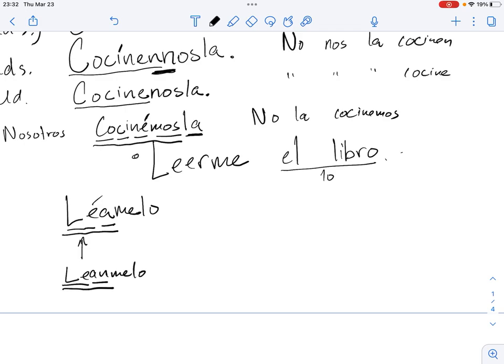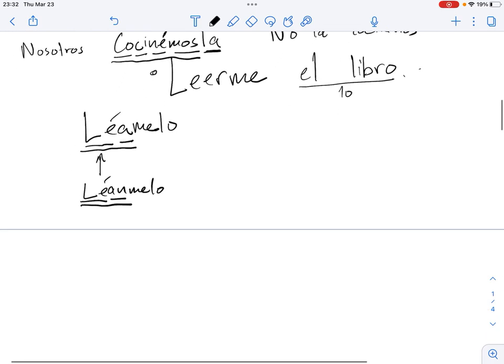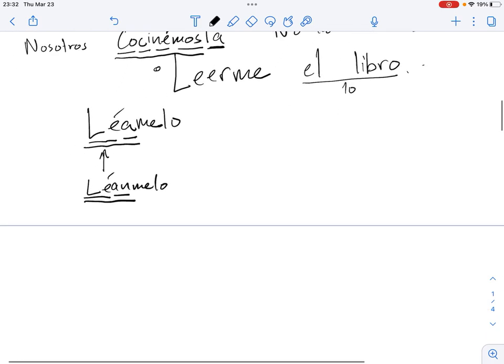Lean. Oh, still there. And you couldn't have a let's read it to me. But let's just do leamos. Leamos. So it really seems like the stress falls on a different vowel if it's nosotros. But it is at least consistently following the rule of vowel N or S, next to last syllable. Leámoslo.